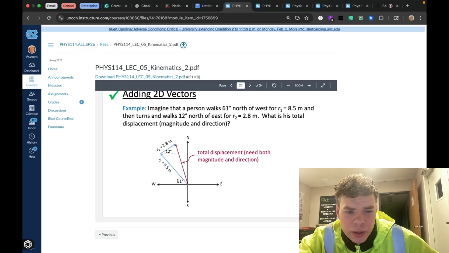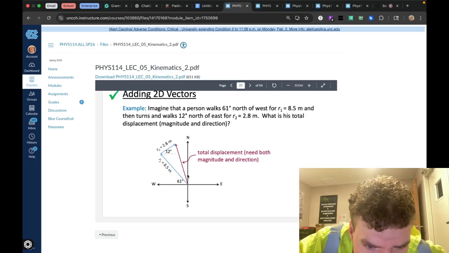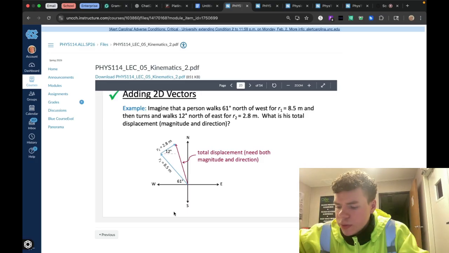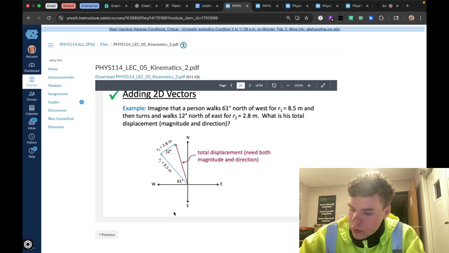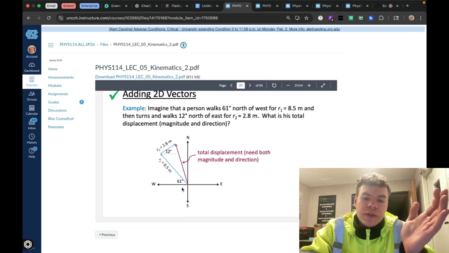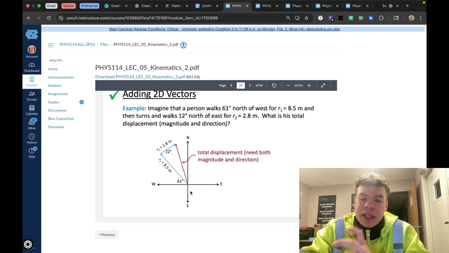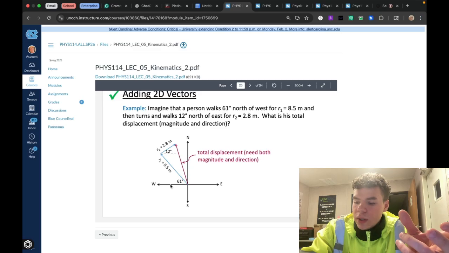So we have an angle which is 61 degrees here north of west. So if north or south is first, you start on the x-axis. If west or east is first, you start on the y-axis and you go towards that direction.